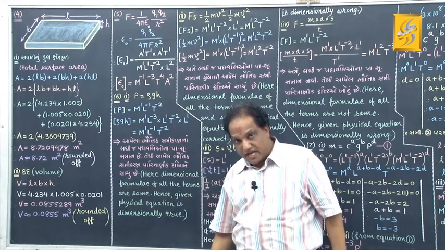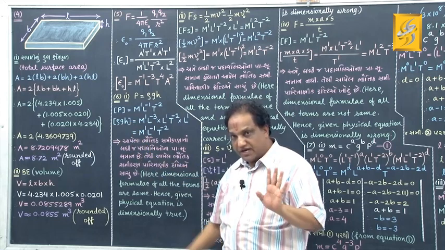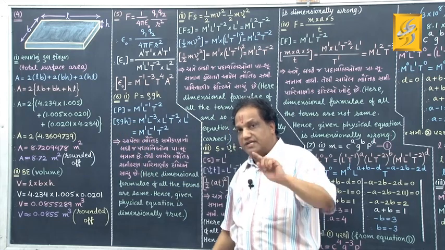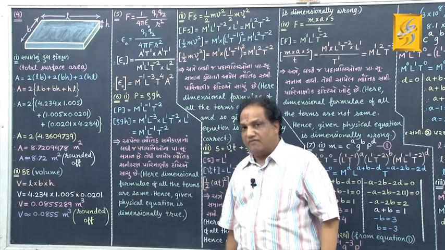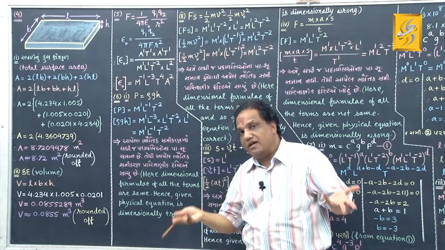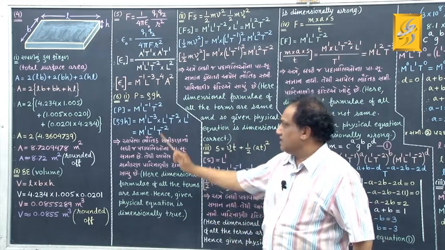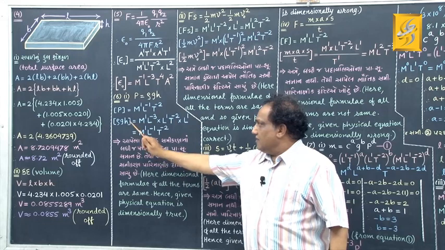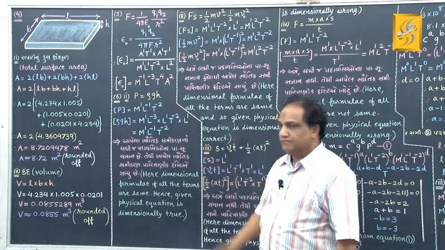Second term is rho g h, where rho is density, g is gravitational acceleration, h is height. For density, it is M raised to 1, L raised to minus 3. For gravitational acceleration, you are supposed to write the dimensional formula of acceleration, L raised to 1, T raised to minus 2. Correct? What about height? You would write down for length, that is L raised to 1.